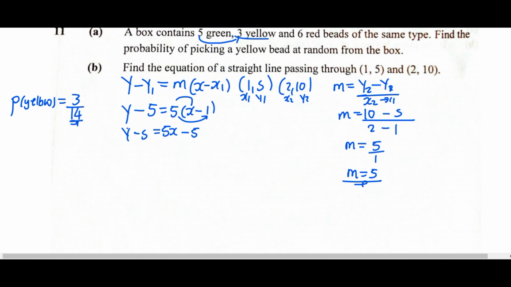Then we collect the like terms, so this will shift to this side, giving us y is equal to 5x minus 5 plus 5. So this will change to positive, and these two will cancel, giving y is equal to 5x. So we can find our equation of a straight line like this.